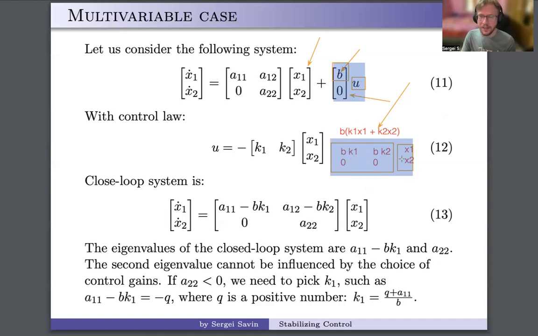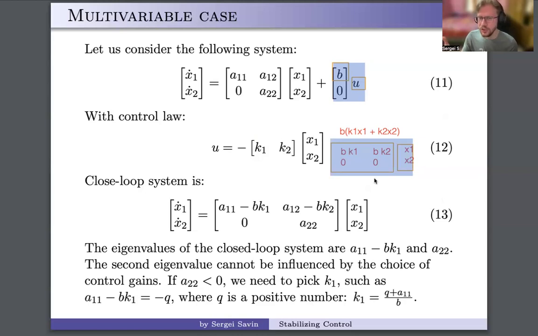Now, I did it by first multiplying the B times u, where u was this guy multiplied, and then trying to rewrite it in terms of this whole matrix-vector multiplication. Hopefully it was relatively clear, right? But it's not the cleanest way to do it.